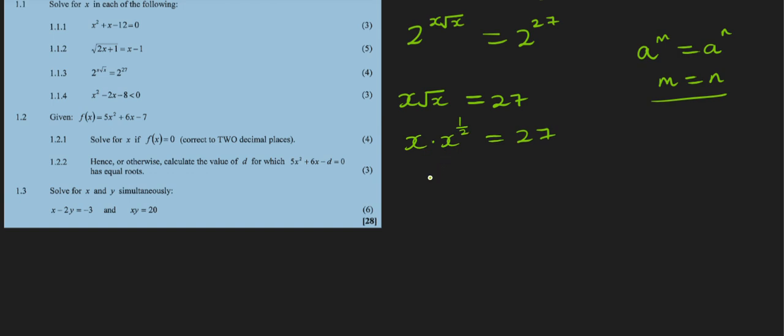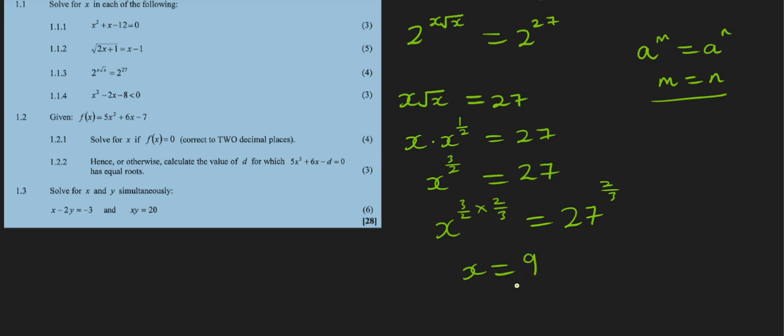Adding half and 1, it is going to be 3 halves, equals 27. Now we can remove this exponent by multiplying with the reciprocal of the exponent, meaning that we are going to multiply with 2/3, and then equals 27. Also on this side we are going to apply the exponent of 2/3, and then our x is going to be equal to 9.